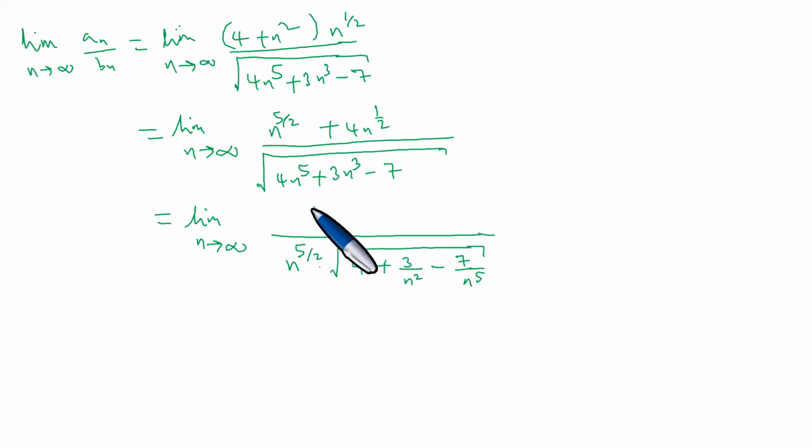All right. Now you pull out n to the 5 over 2 from the numerator, which is 1 here. And here it becomes 4 over n squared.